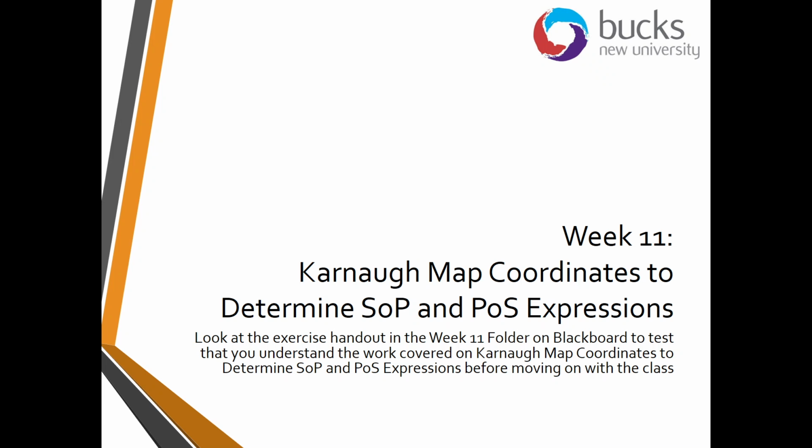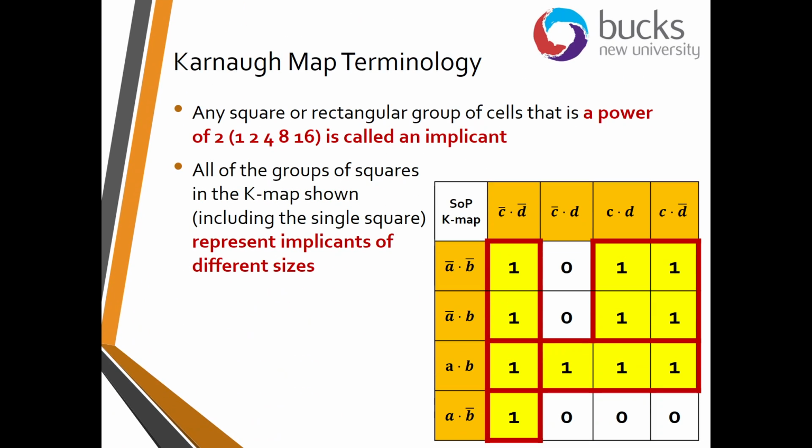So back in the presentation, some Karnaugh map terminology. Any square or rectangle group of cells that is a power of 2, so 1, 2, 4, 8, 16, we would refer to in a Karnaugh map as an implicant. All of the groups of squares in the K-map which we're showing here, including the single square, represent the implicants of different sizes.